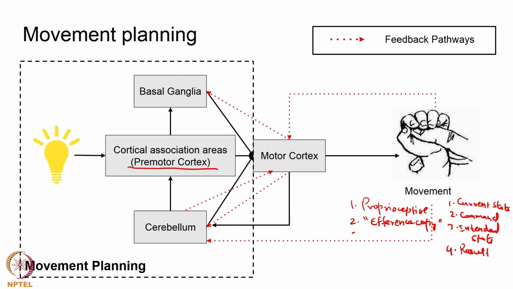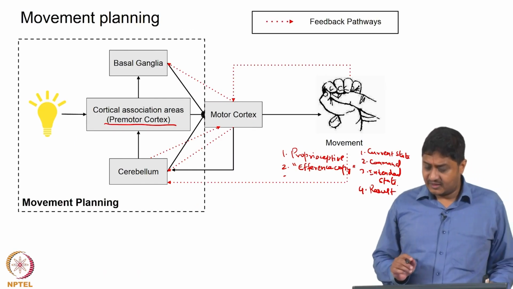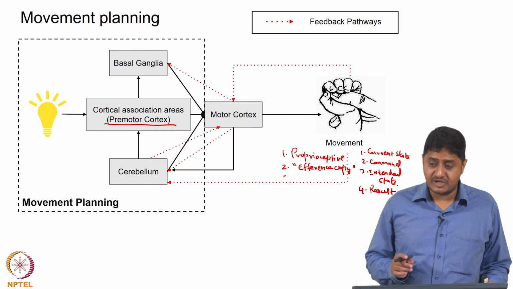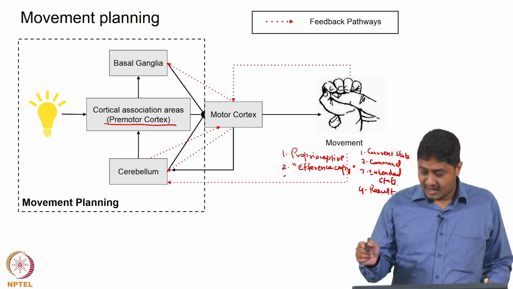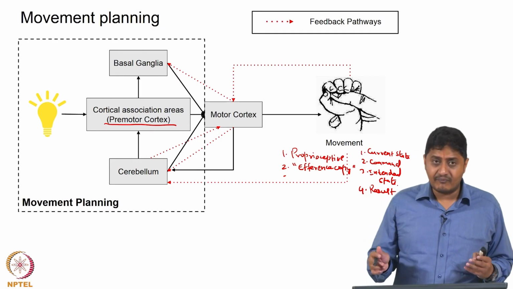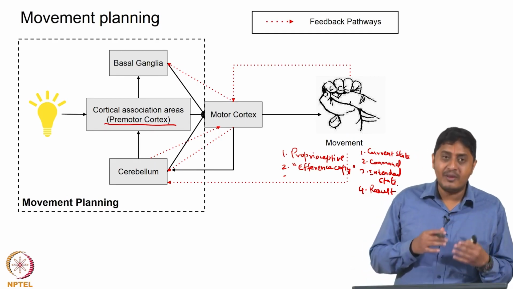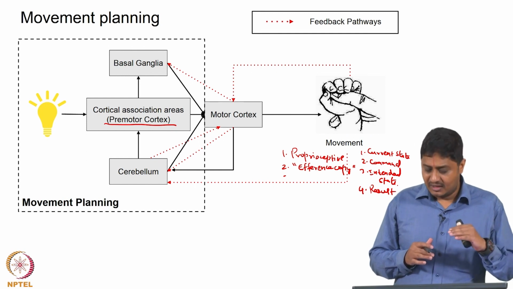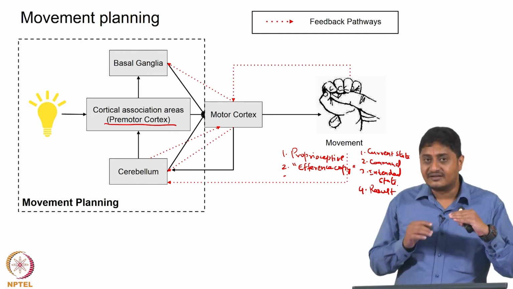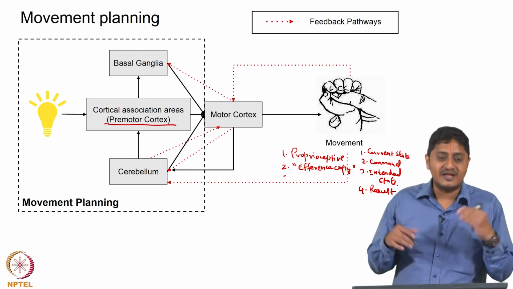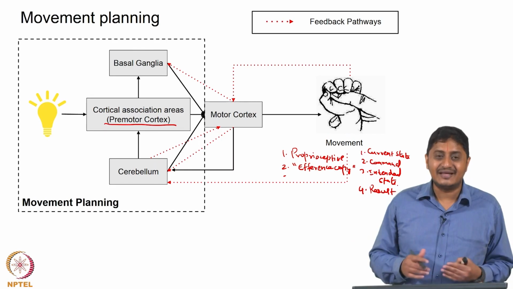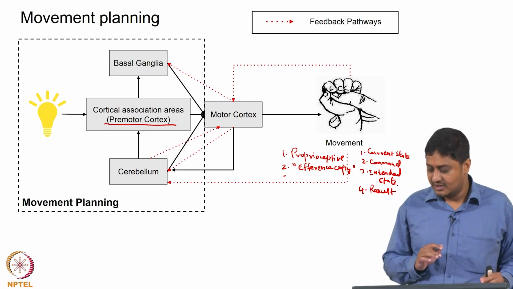How does it know the result of the command? The result of the command is known by proprioceptive information. I have given this command, I want to make that movement, but whether or not I have made that movement can be understood by comparing the intended state and the result. If these two are the same, then there is no need to make any correction. If these two are not the same, that is a movement error that must be corrected.